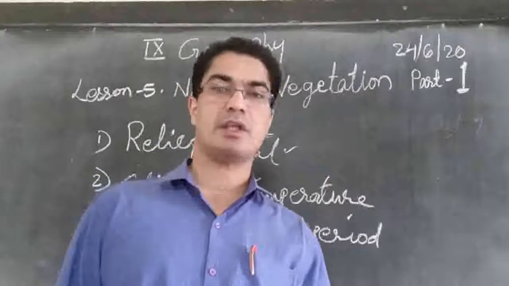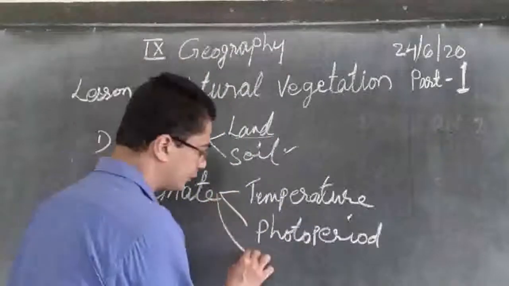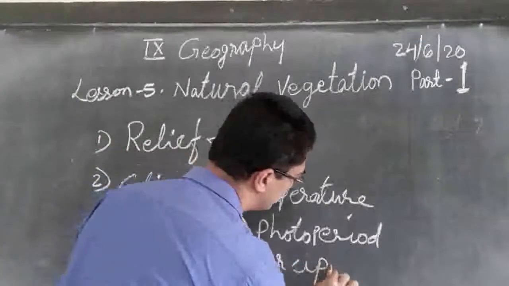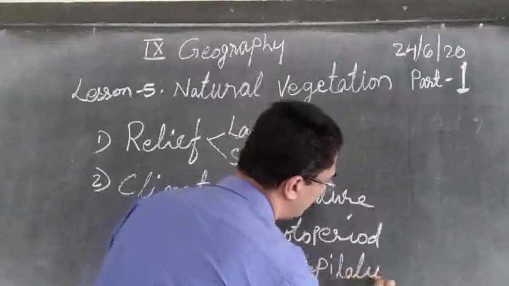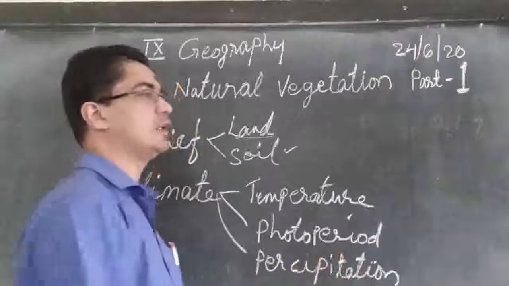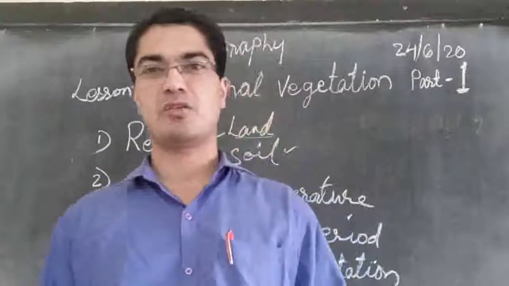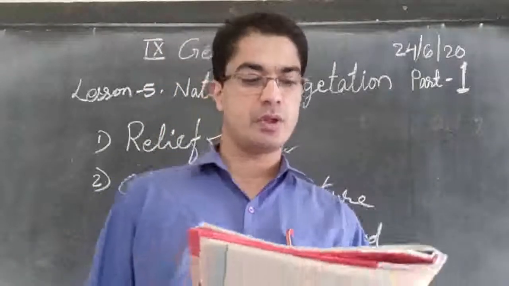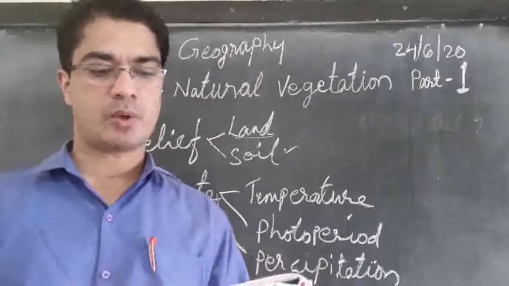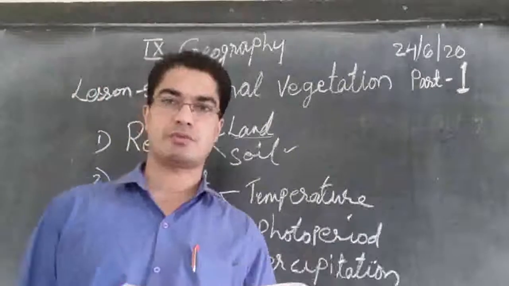Another important thing is precipitation, that is rain. Precipitation, so water, rain, all these are very much essential for the growth of the trees. In India, almost the entire rainfall is brought in by the advancing southwest monsoon, that is from June to September.